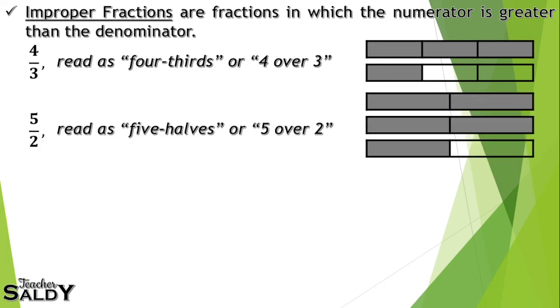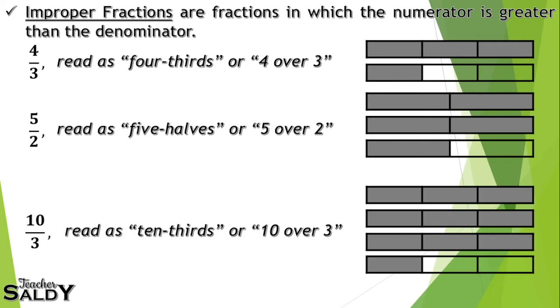Next one is 5 over 2, or read as 5/2. So we have 3 wholes divided into 2 and 5 equal parts are taken. Next one is 10 over 3, or read as 10/3.